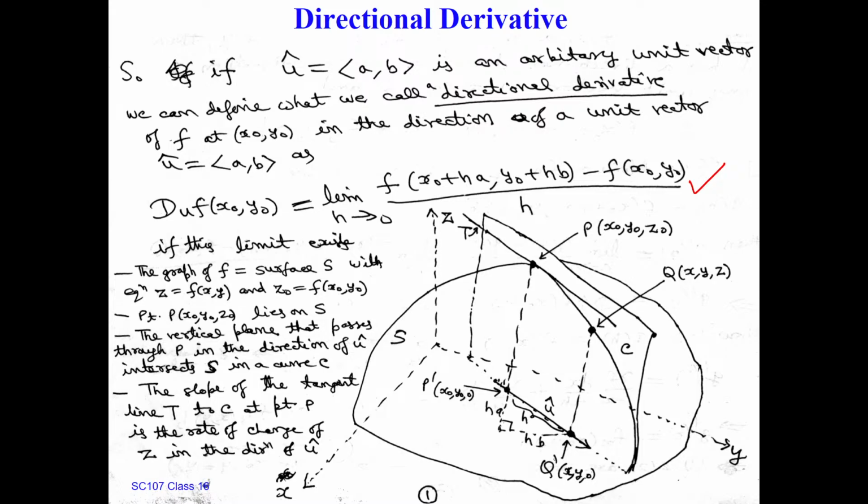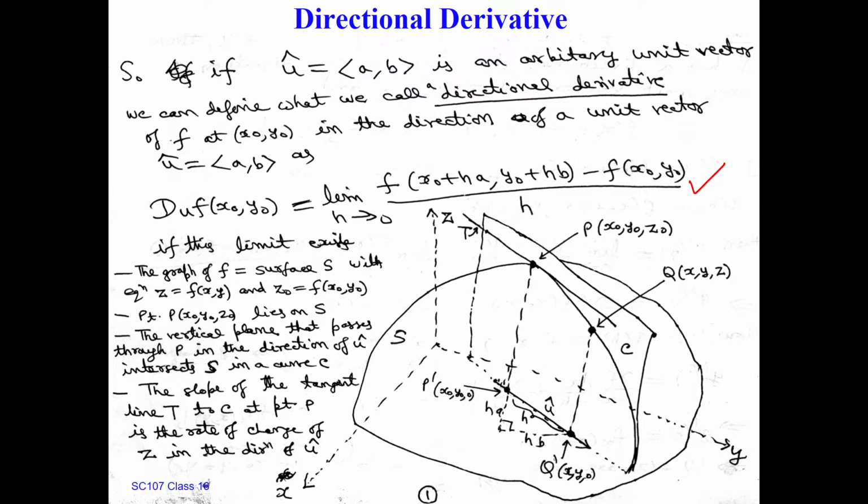Okay, fine. So now what happens on this curve C? There are 2 points. One point is this P, which is x naught, y naught and z naught, because this is a 3-dimensional thing, right?